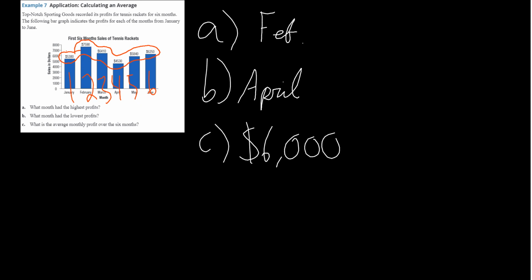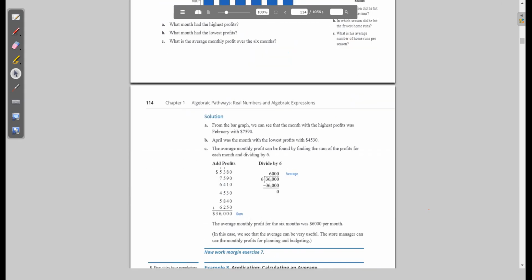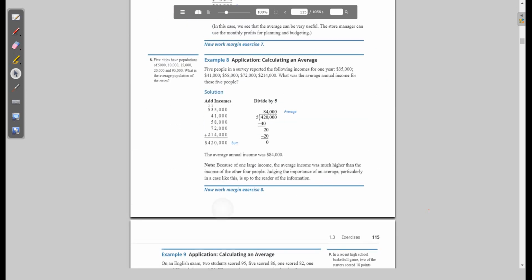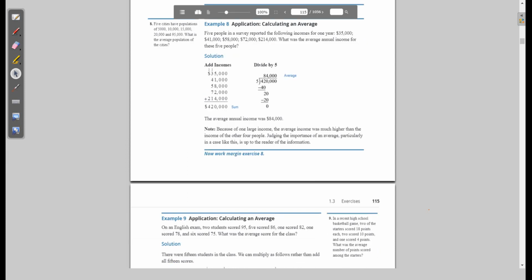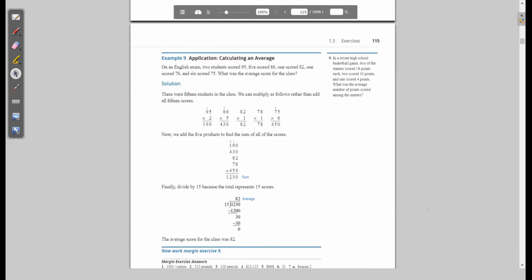All right, so that's example 7. And example 8. So application, another calculating of average. Looks like the same thing there.